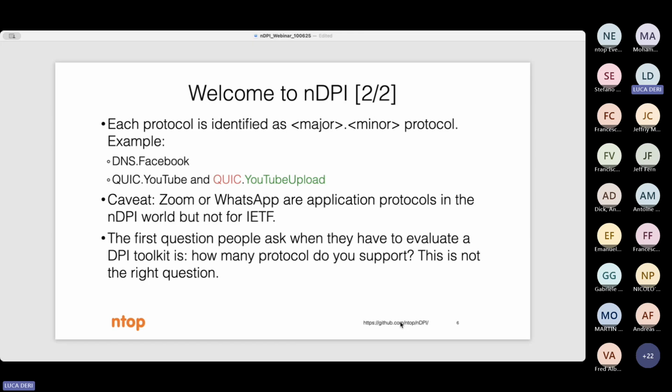Okay, it means, for instance, in this case, we have DNS, or we have QUIC or TLS, if you're familiar with this type of traffic, that is sitting right on top of the IP protocol. And these are real protocols that are described in an RFC, protocols that are known to everybody most of the times. And then we have the application protocol, in this case, a YouTube upload.